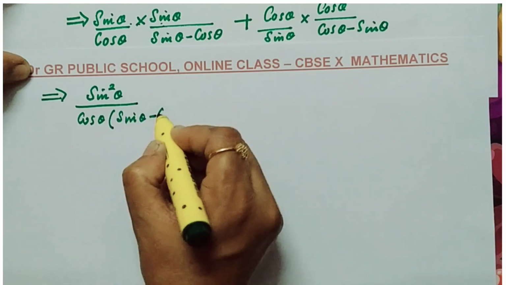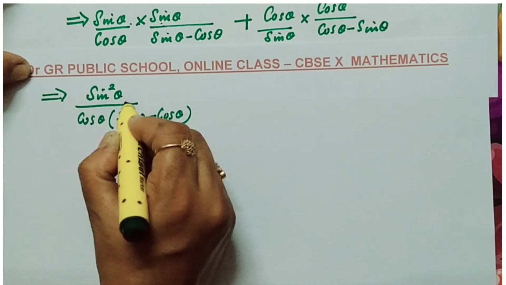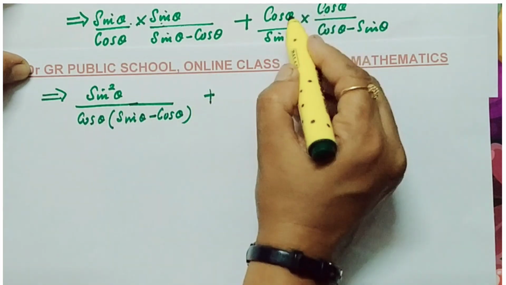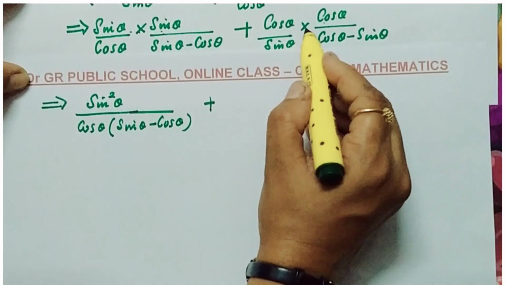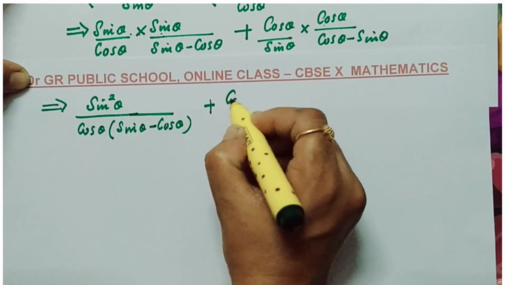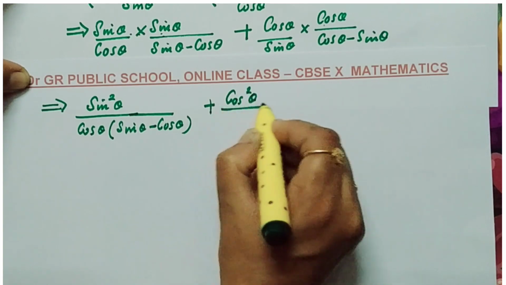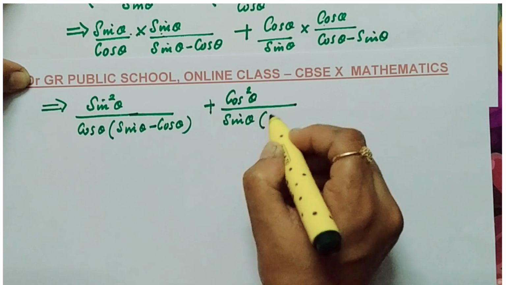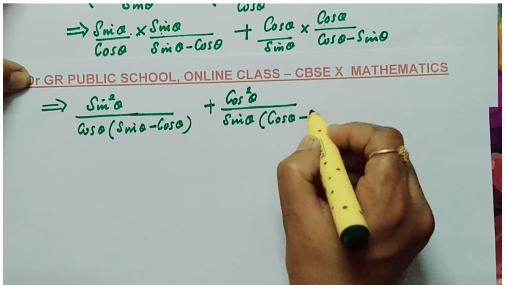Don't alter that. Cos theta into sin theta minus cos theta. Don't alter the denominator. Plus here the numerator becomes cos theta into cos theta, cos square theta, by the denominator I am going to write as it is, sin theta into cos theta minus sin theta.